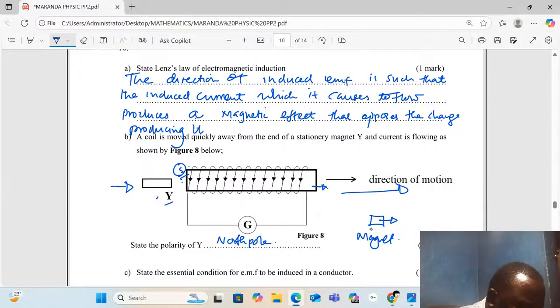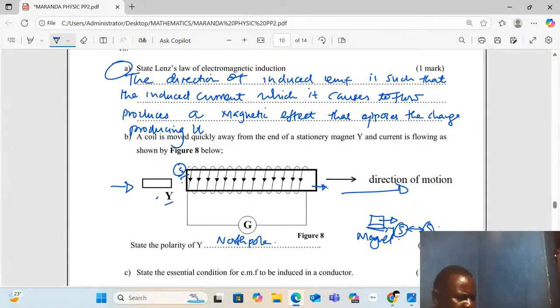But because it is the magnet that is in motion, applying Lenz's law, we expect a repulsive force. So we expect this Y section to be a south pole so that it can be repelled away by the south pole of that end of the coil.